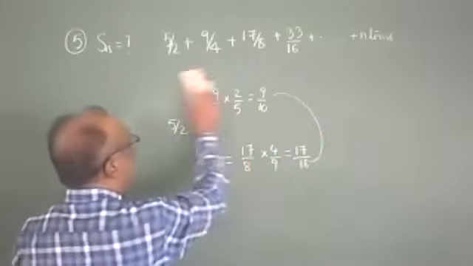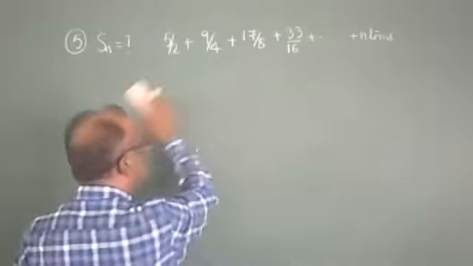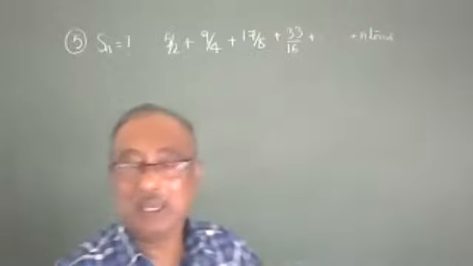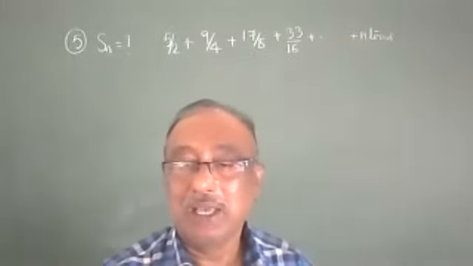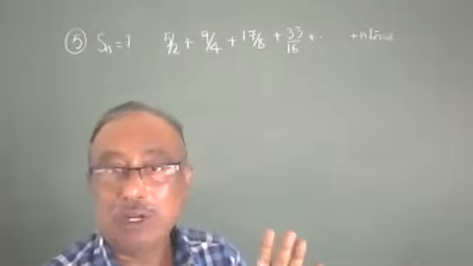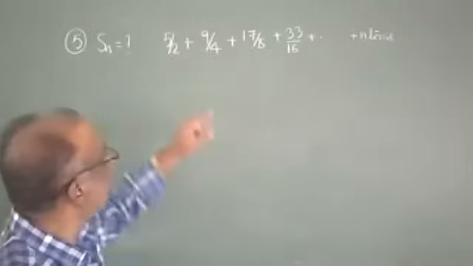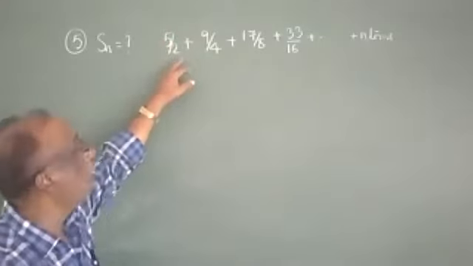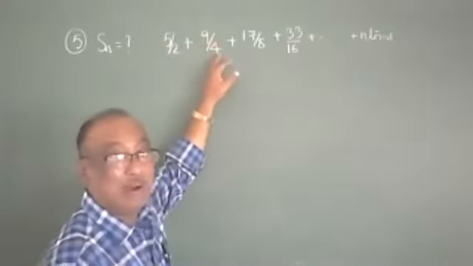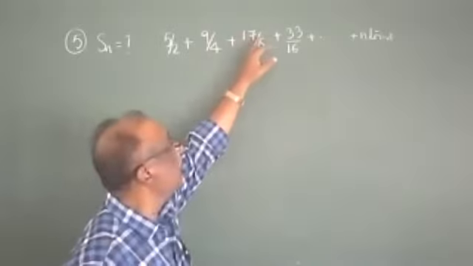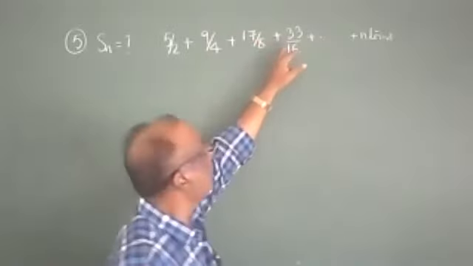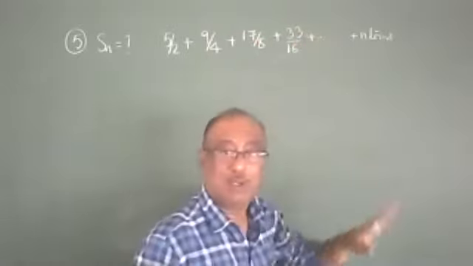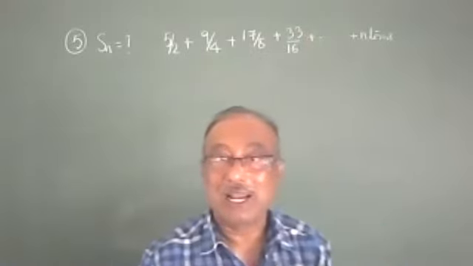Then what method can we apply? It is neither AP nor GP. Therefore, what method are we going to apply? Now see the logic. See, 4 plus 1 by 2, 8 plus 1 by 2, 16 plus 1 by 2, and 32 plus 1 by 2. Now we can write down this series.